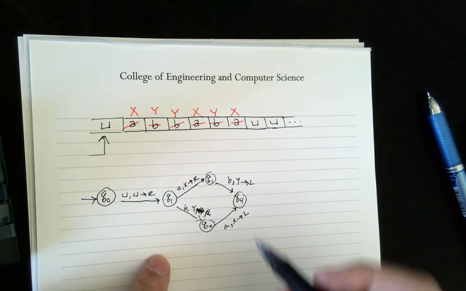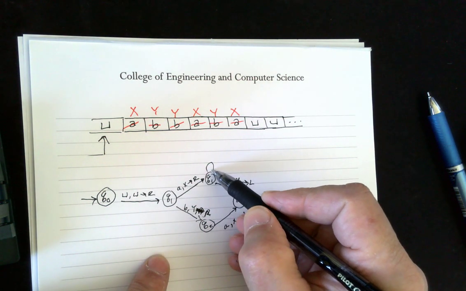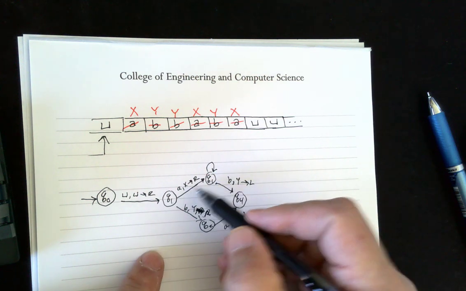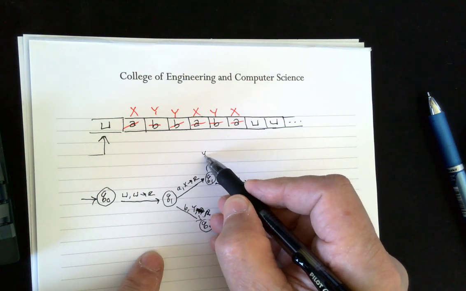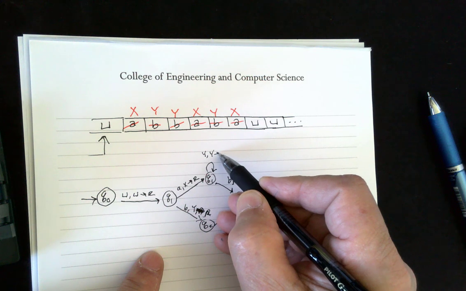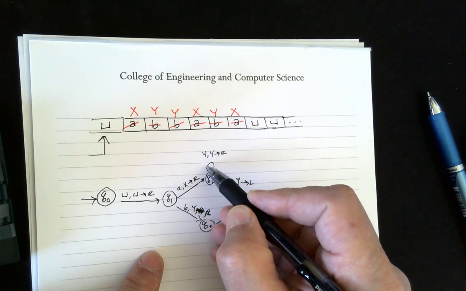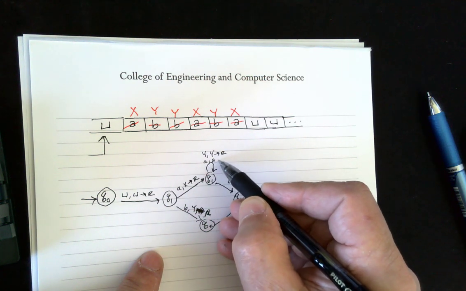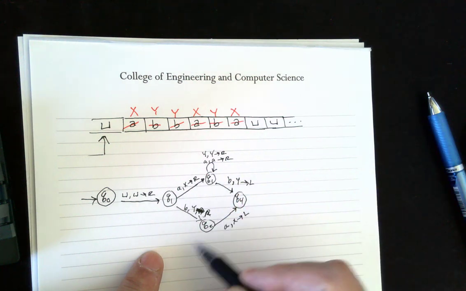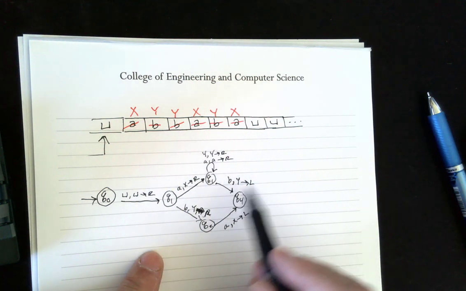Now, on this path here, if we encounter any Y, we leave it and move to the right. If we encounter any A's, we leave that and move to the right, because we're still not seeing all the A's.